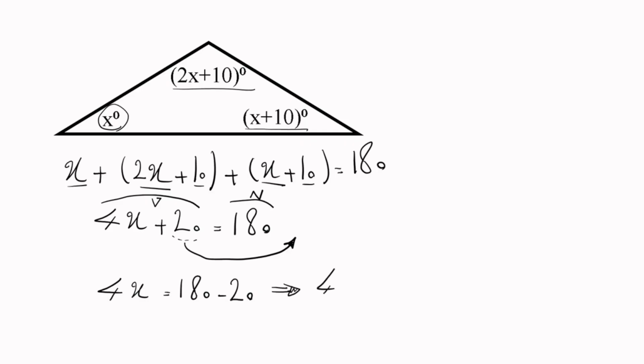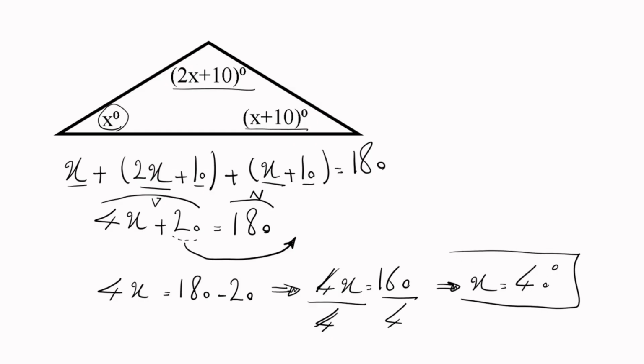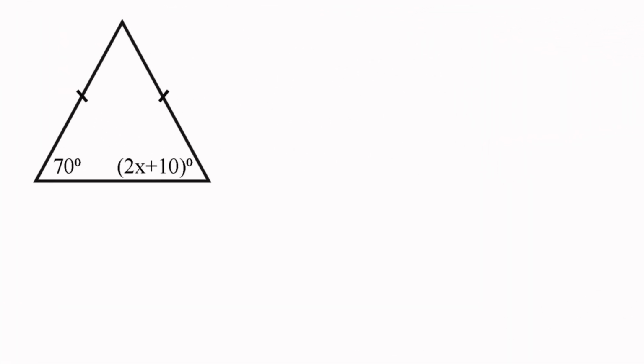Consequently, 4x is gonna be 160, and the only thing that I need to do is making the coefficient of x 1 by dividing by its coefficient. These two are going to cancel each other out, and finally x is gonna be 40 degrees.